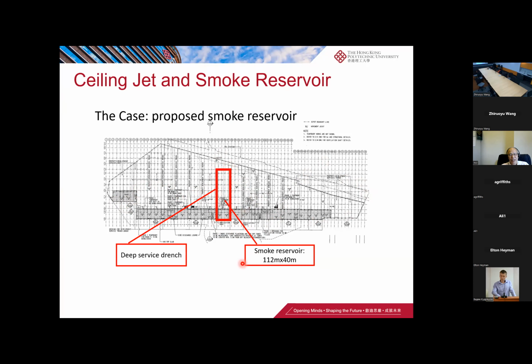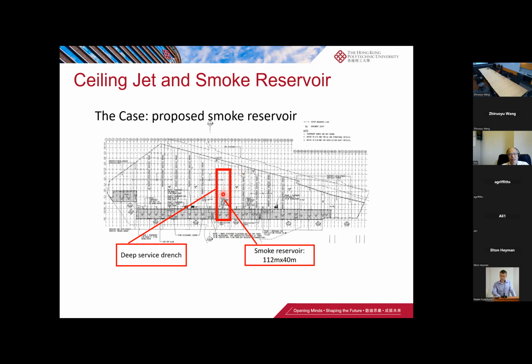What we try to do is make use of the trencher wall as a boundary of the smoke reservoir. We make the smoke reservoir 40 meters wide and 110 meters long. This is more than 4,000 square meters.